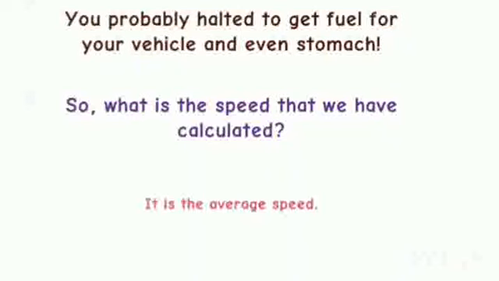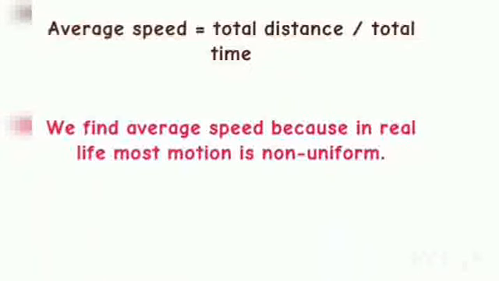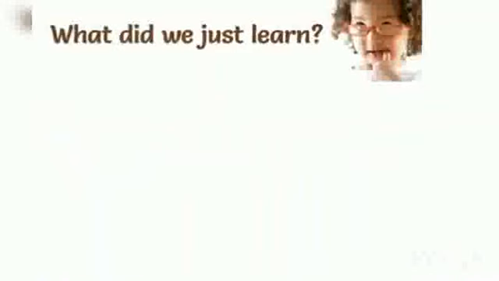So, what is the speed that we have to calculate? It is the average speed. Average speed is what? It is total distance upon total time taken. We find average speed because in real life most motions are non-uniform.